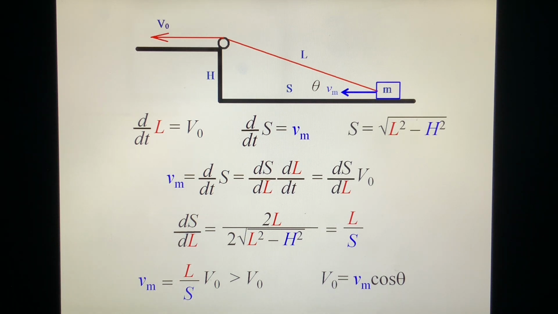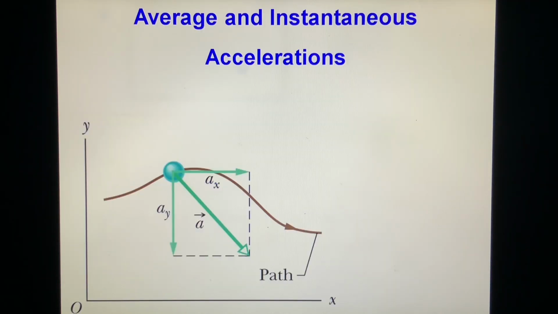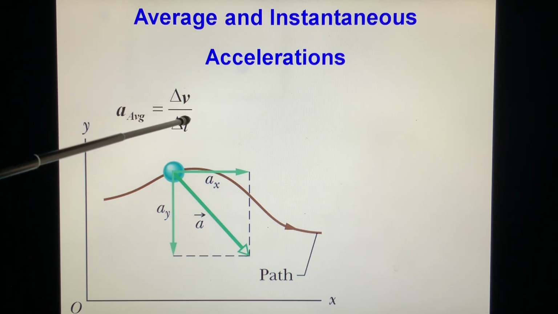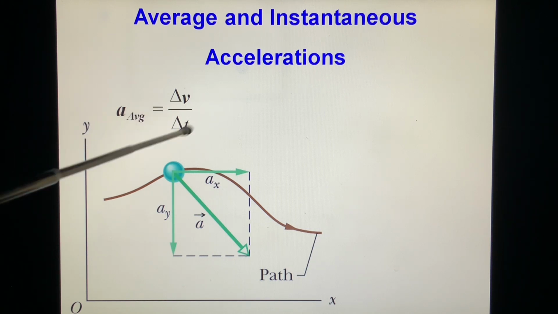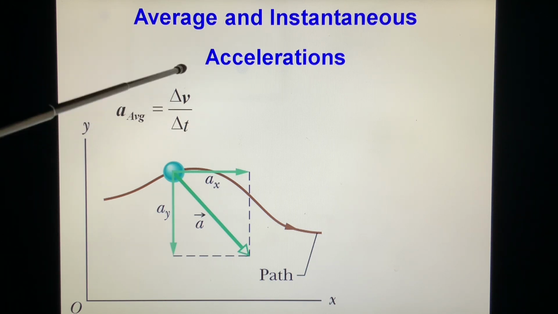This conclusion is based on a solid scientific calculation, definition. Average and instantaneous accelerations. We know a average is delta v over delta t. In time interval delta t, the velocity changes by delta v.